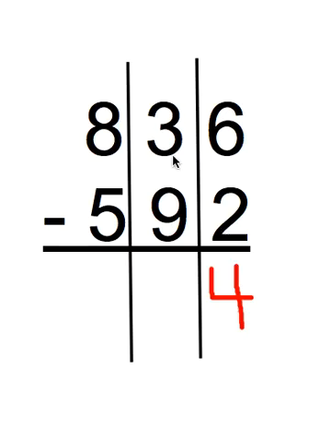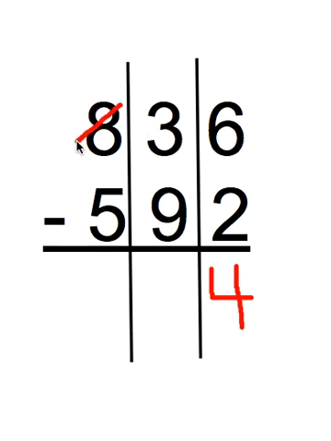Now I go to my tens place. 3 minus 9. Well, if I have 3, I can't take away 9. Don't just flip those numbers around. We have to regroup. I'm going to go over to my hundreds place to help me regroup so that I can solve in my tens place.